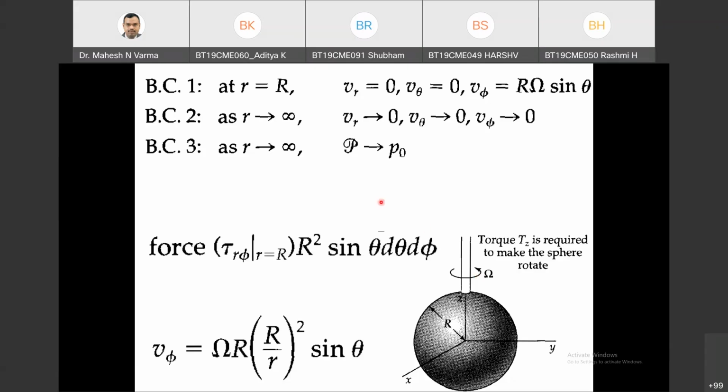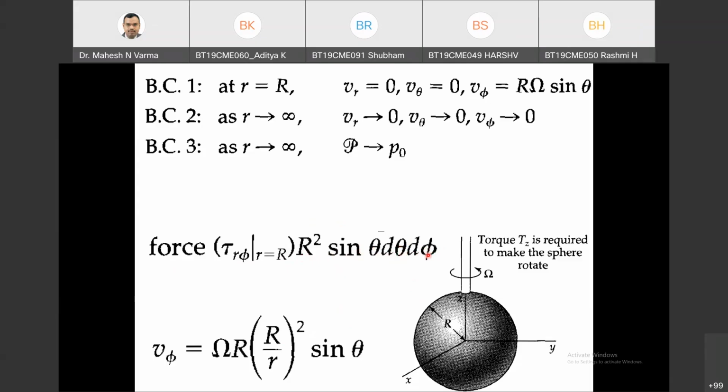So this will be the shear stress exerted by flowing fluid, the shear stress momentum flux because of phi velocity at r equals to R, multiplied by surface area. This will be the surface area actually: R square sine theta d theta d phi, where theta varies from 0 to 2 pi and phi varies from 0 to pi.